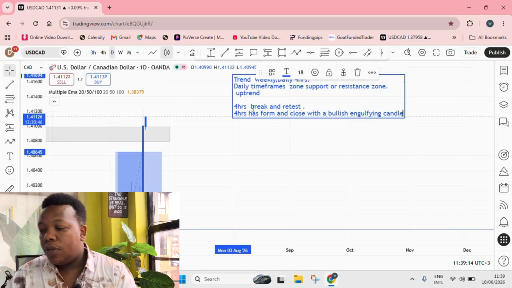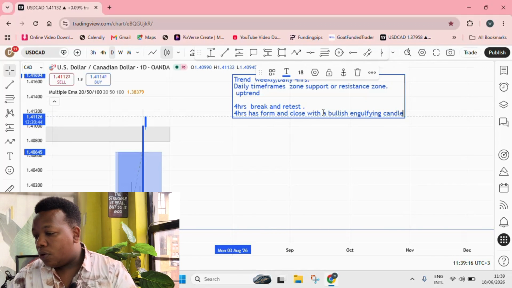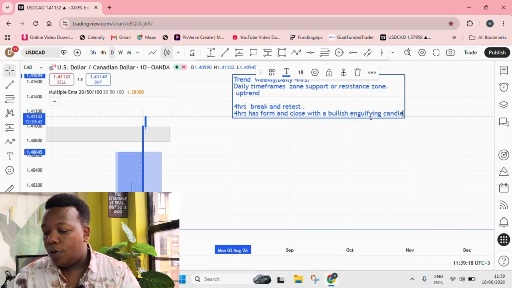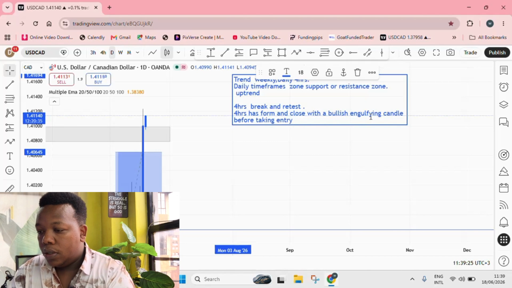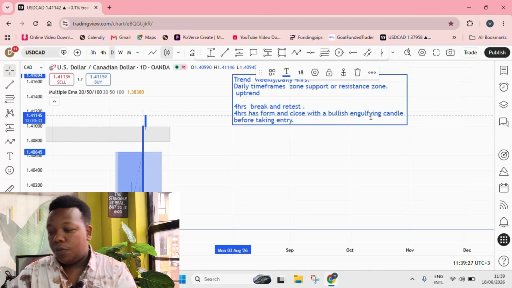You have to make sure you wait for it to form and close the bullish engulfing candle before taking an entry. That's something I have to wait for before taking that entry.